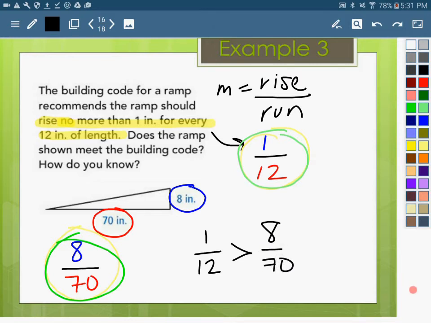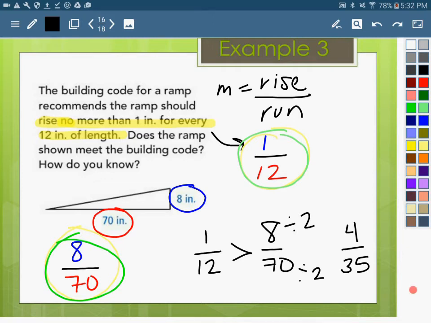Now you can reduce the 8/70 if you'd like. Both of these numbers are divisible by 2. You should always reduce your fractions. So really, the 1/12 should be greater than 4/35. Now it doesn't matter if you actually reduce down the fraction because we're just going to change it into a decimal anyway and compare those two numbers.